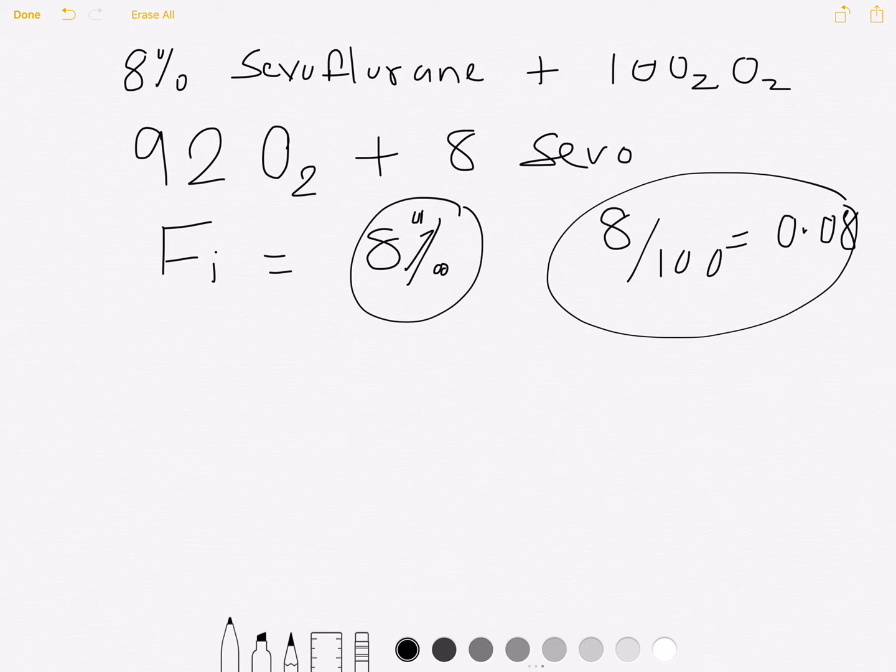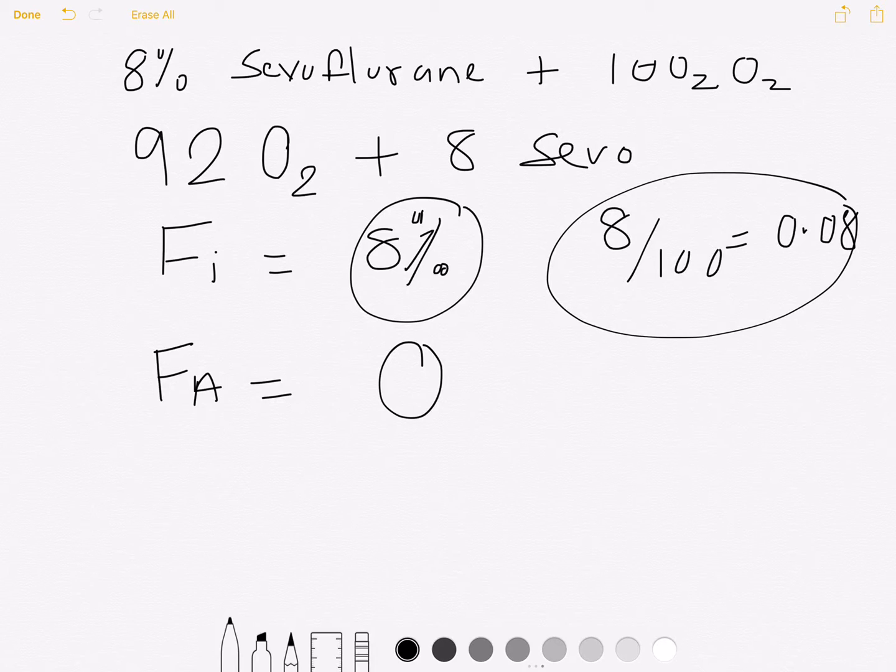At the same time, what is your Fa? What is the partial pressure, or what is the concentration of inhaled anesthetic in your alveoli? It's 0, because you just started inducing the patient, and the patient didn't come from the floor inhaling some sevoflurane.